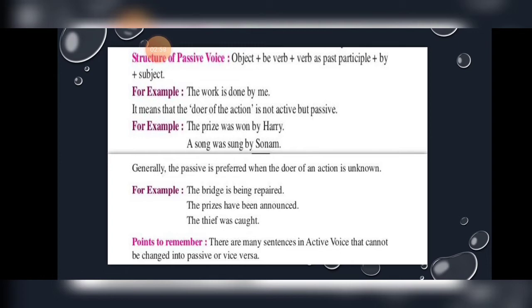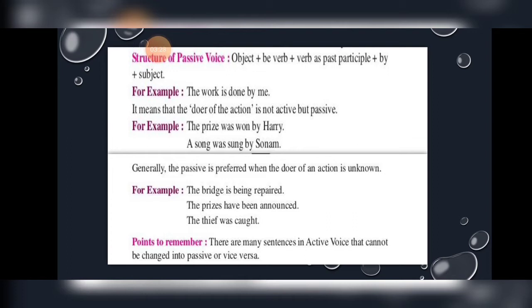We can see here object plus be verb plus verb as past participle followed by subject at the end performing the role of the object. For example, the work is done by me. The doer of the action is me, but it is at the end, so it is passive.